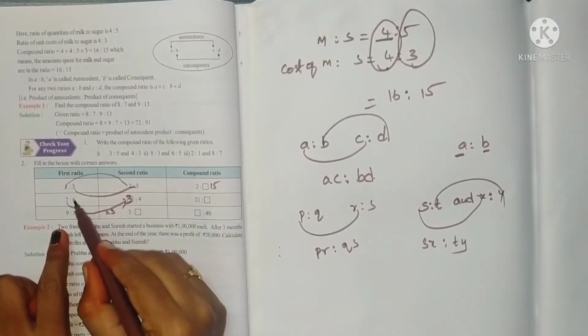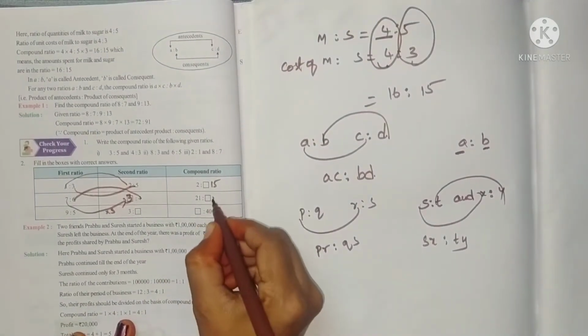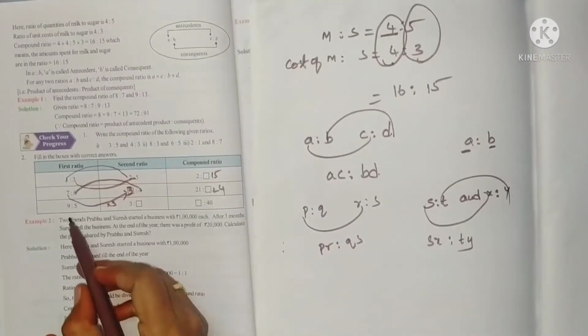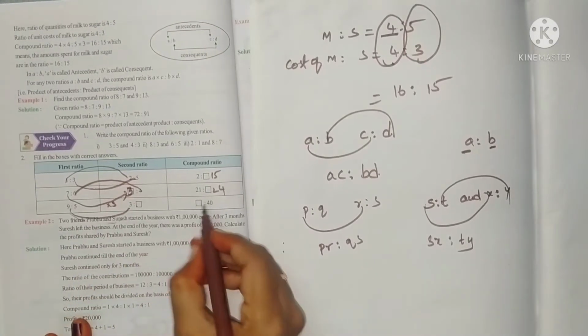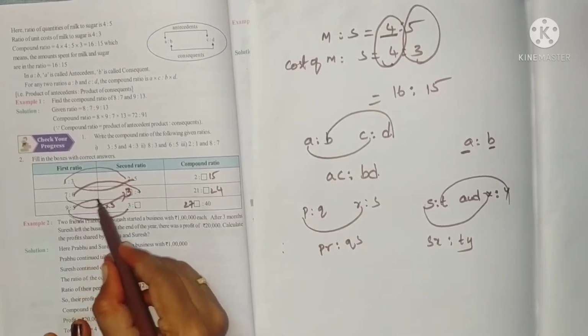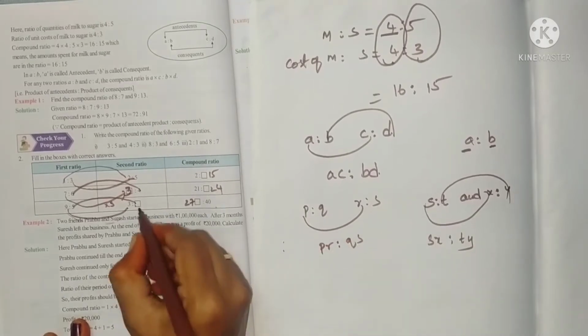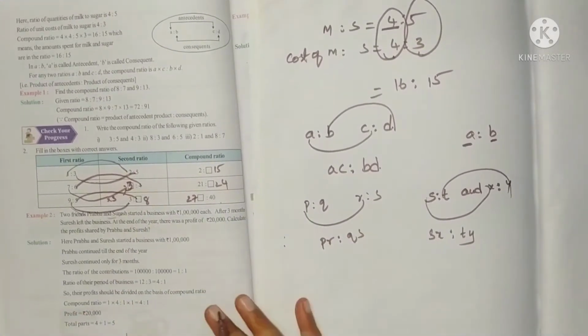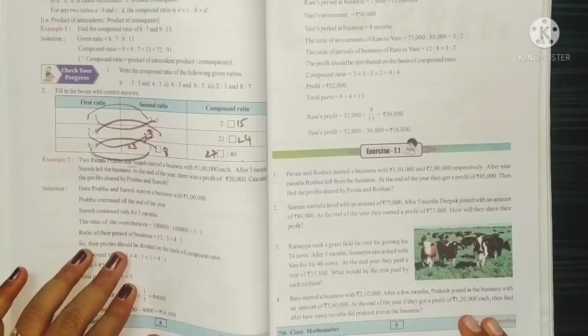Okay. Now this product of consequents: 6 4s are 24. Now see, 9 3s are 27. The first terms 9 3s are 27 and 5 into which number gives 40? 5 8s are 40. So this is 8. Okay, so like this you can do.